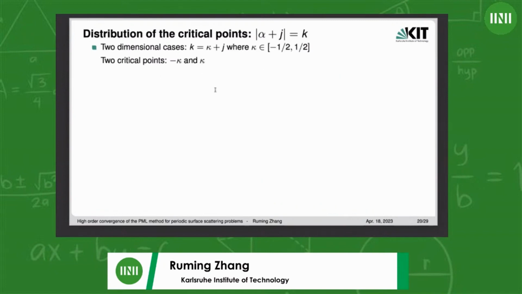Recall that for the 2D case, we made the assumption that 2k is not an integer to avoid these difficulties. For any positive k, we have these two critical points, minus kappa and kappa. When 2k is not an integer, minus kappa and kappa are two different points.